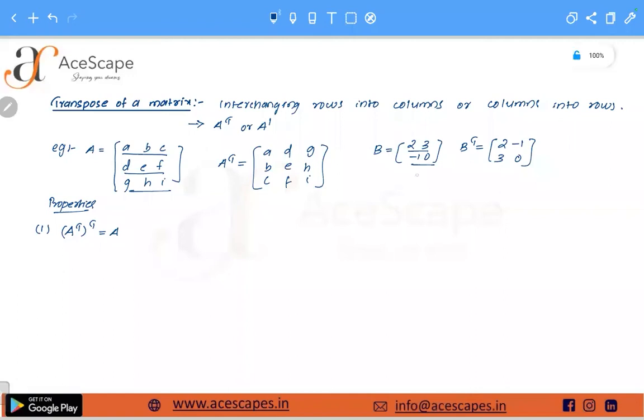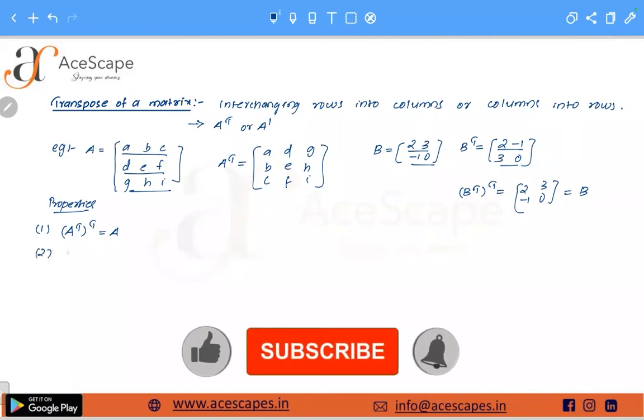Suppose we have B here, and B transpose here. If I take the transpose of B transpose, we will write the rows as columns, which is equal to B. So in general, the transpose of A transpose is equal to A.